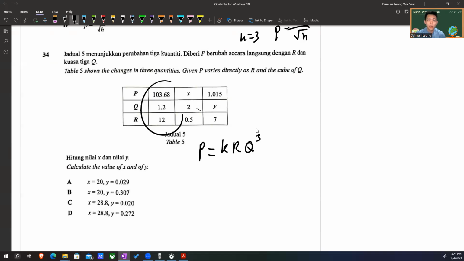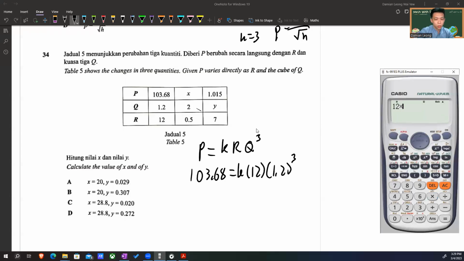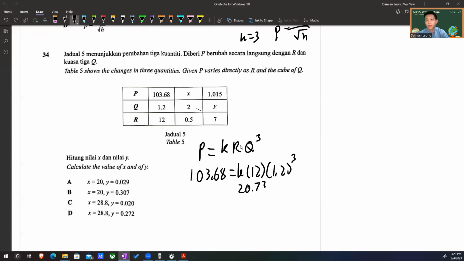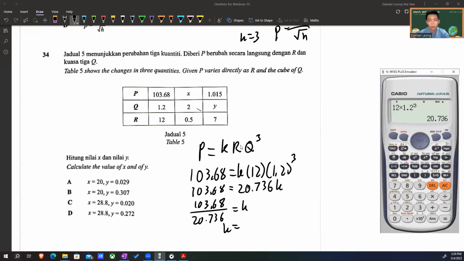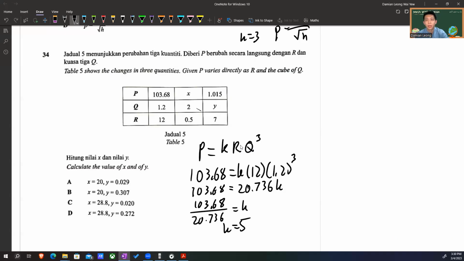Again, find the K. So put in values where all 3 are numbers first. 103.68 is K times 12 times 1.2 cube. 12 times 1.2 cube is 20.736. Bring over, 103.68 divided by 20.736 is K. So 103.68 divided by 20.736 is 5. K is 5.